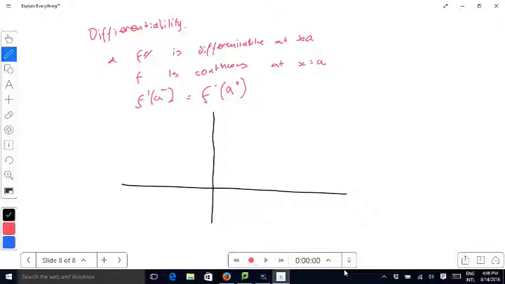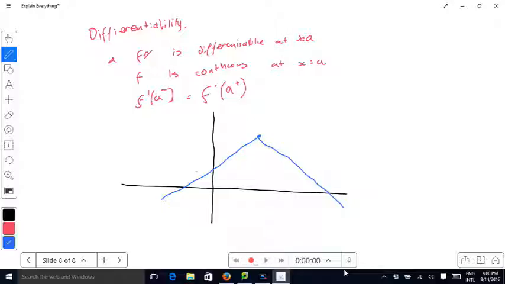If we have a look at the hybrid function that looks like this, we've got a sharp point. Rule of thumb: if you have a sharp point, it's not going to be differentiable. In terms of this equation, the derivative of a from the left is going to have a positive gradient.